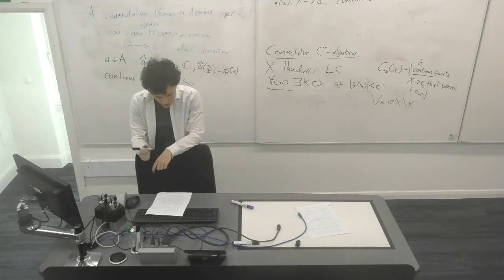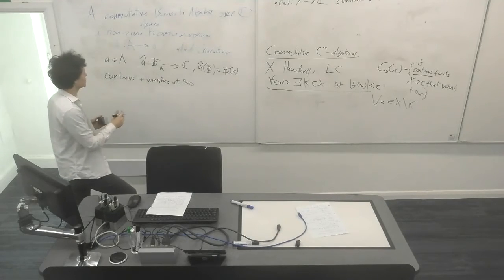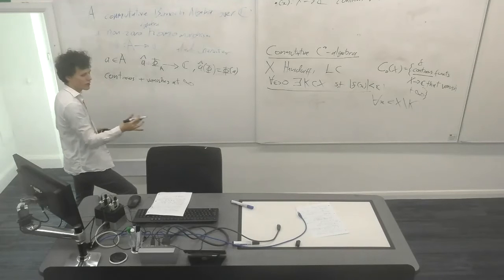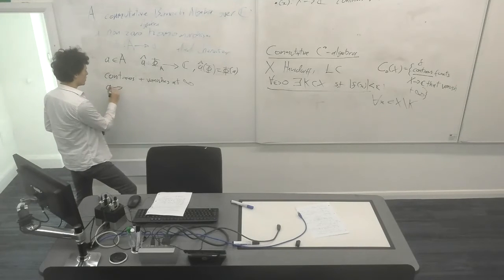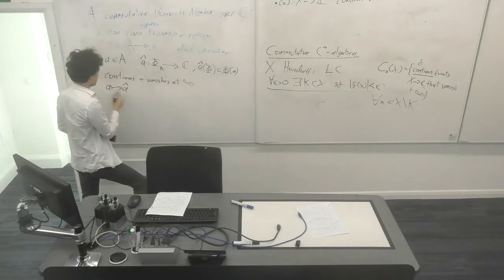Which means, of course, that the set thereof is a C-star algebra, and we have a natural mapping from A to A hat, defined as we did beforehand.